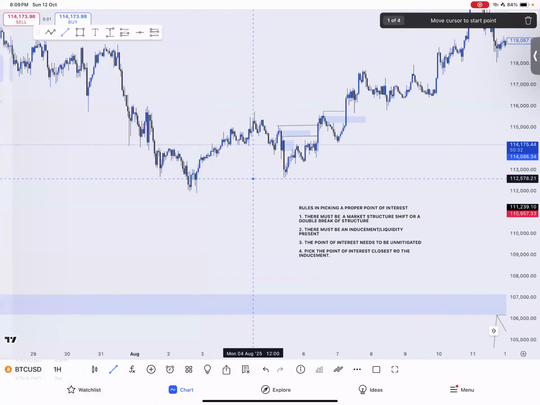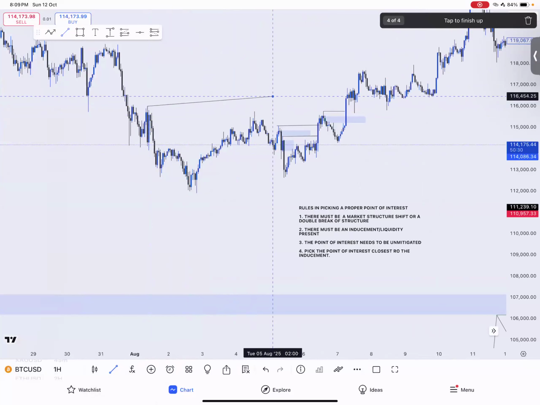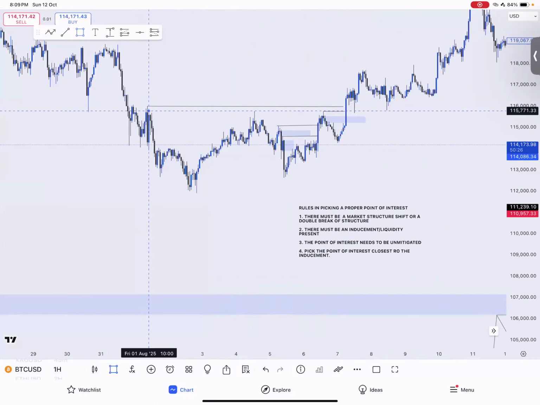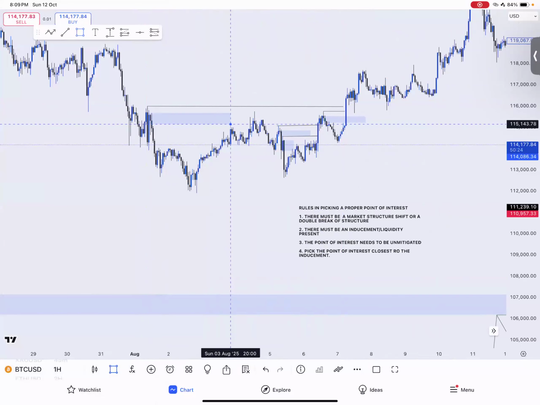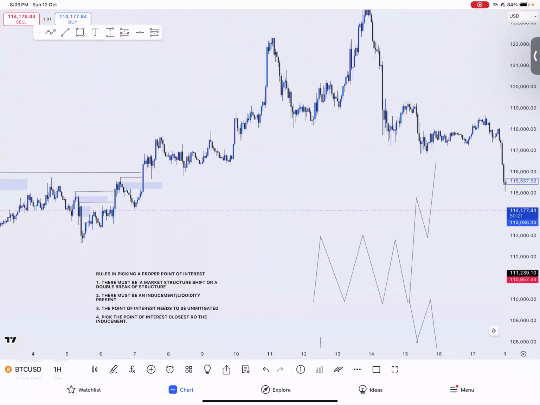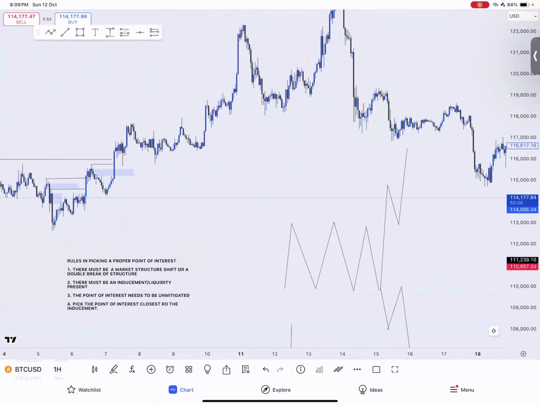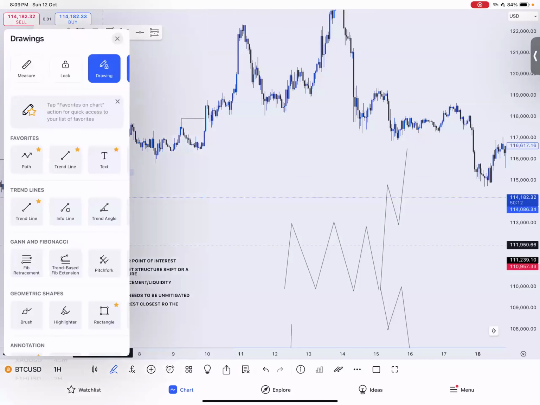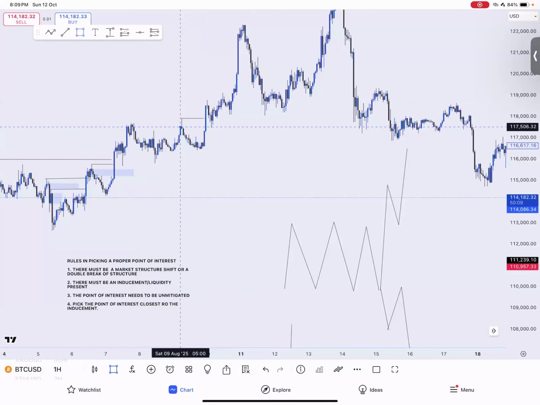Same thing, the moment this high was taken out, the body of this high becomes a breaker block.